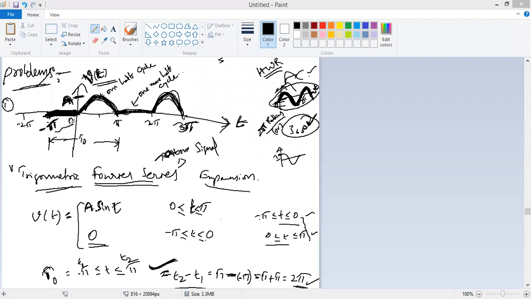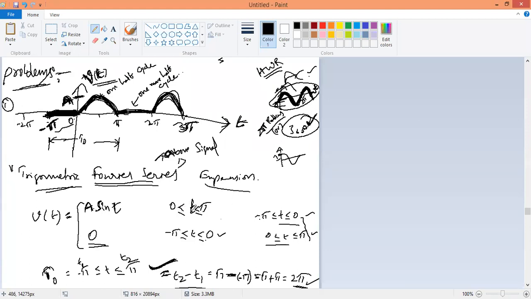In this duration, what is the value of V of t? 0. So for minus pi less than or equal to t less than or equal to 0, V of t is 0.